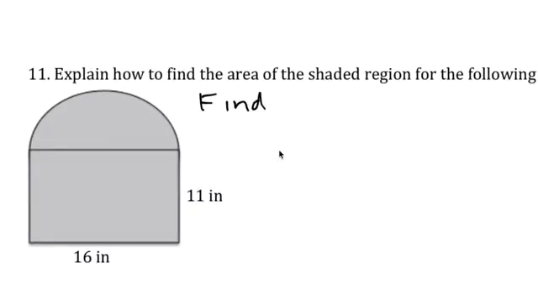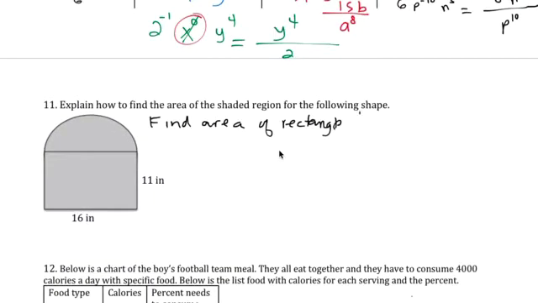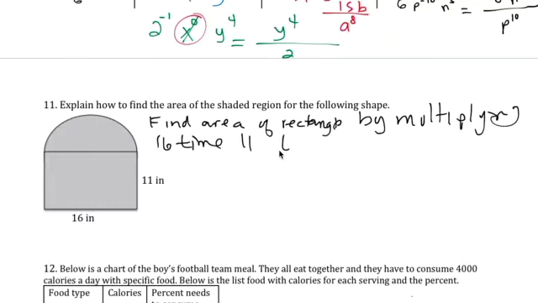Find area of rectangle by multiplying 16 times 11 to get, a calculator for that one, 176 inches squared.